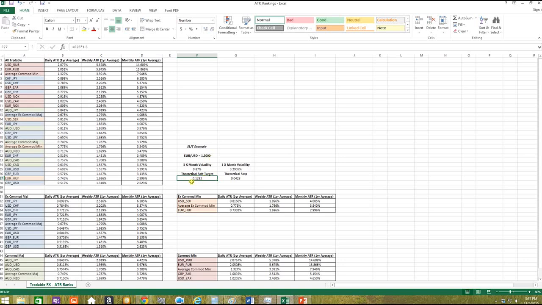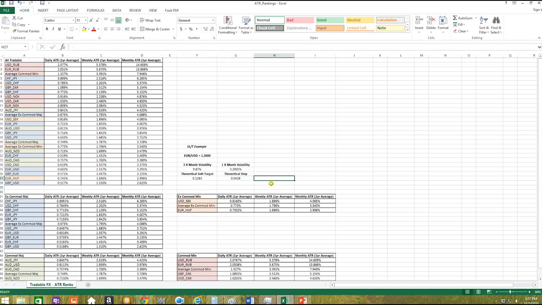So we have our theoretical soft target number of 12 points, or just under 13 points. Our theoretical stop is simply the 1 month volatility times 1.3, which gives us 4.2, or just under 4.3 points.